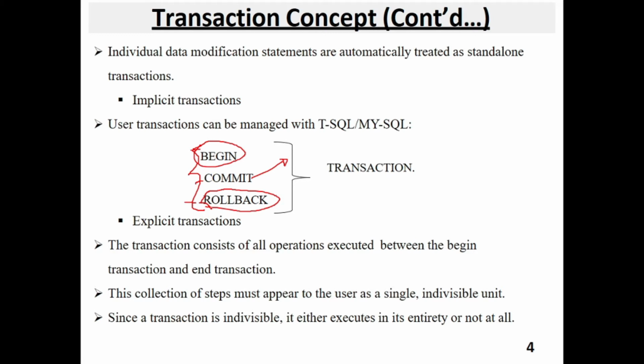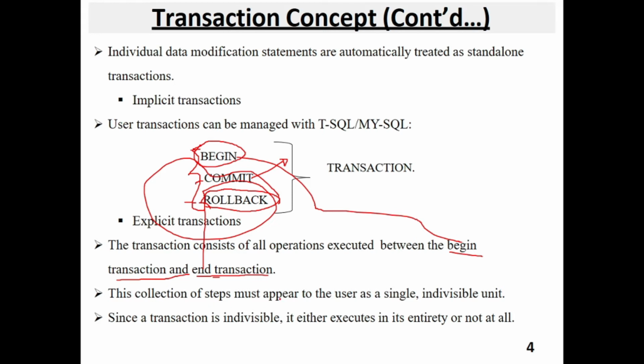So explicit transactions consist of all operations executed between the begin transaction and the end transaction. The end transaction is commit or rollback, and the begin transaction is the start.